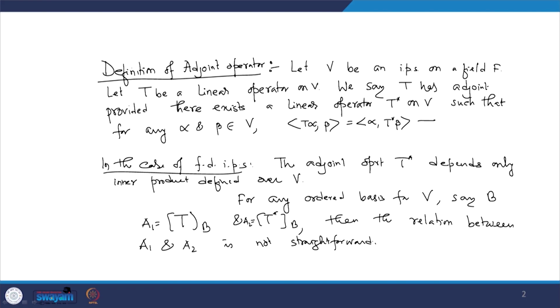However, if I consider an orthonormal ordered basis, then we know how they are related. In that case, A1 jk equals A2 kj bar. This we have already seen. Let me consider a couple of examples in different spaces.